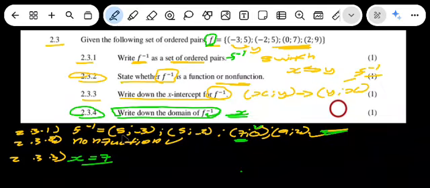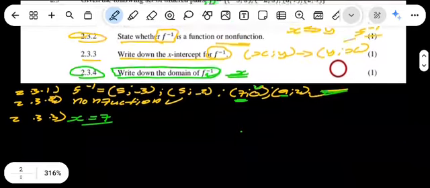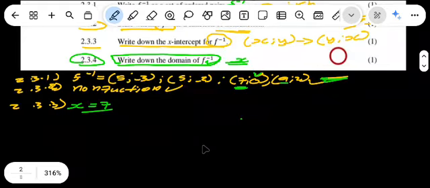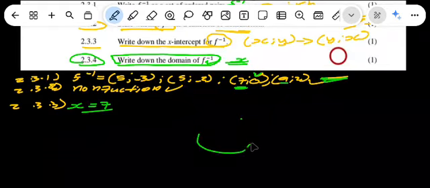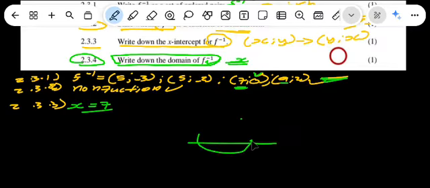So we know that we have 5. Our x, where it starts, means the graph starts here, where the value of x starts, and then it ends where? Here at 9. It means that is our domain. If you have a graph, for example, here it's your graph, it goes and then it ends somewhere here.